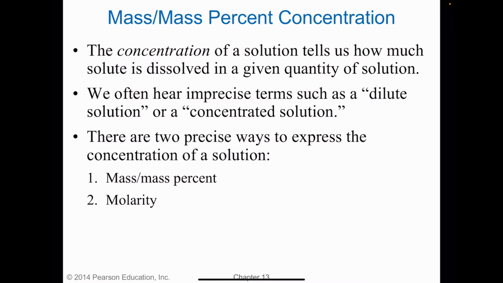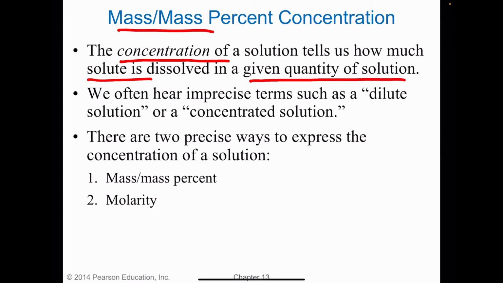So another thing that's useful to know how to calculate for solutions is called mass percent. If we say just mass percent, we're usually talking about mass divided by mass. Concentration essentially tells us how much solute is dissolved in a given quantity of solution.